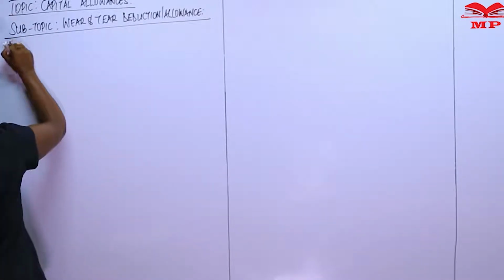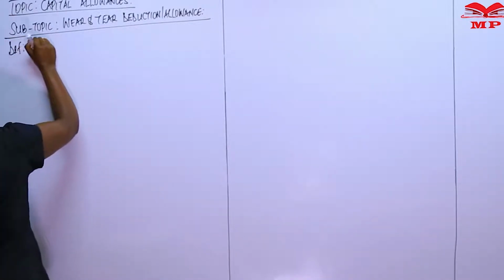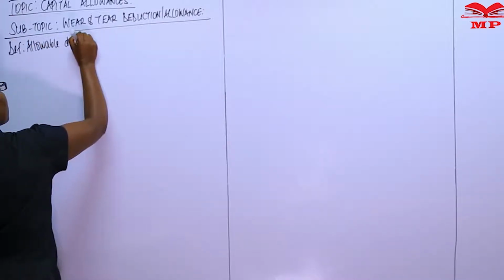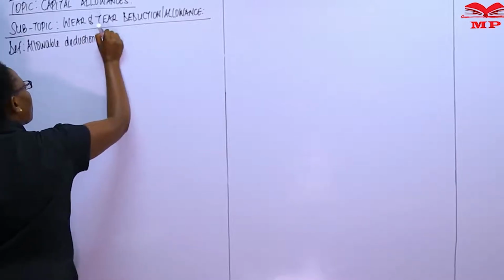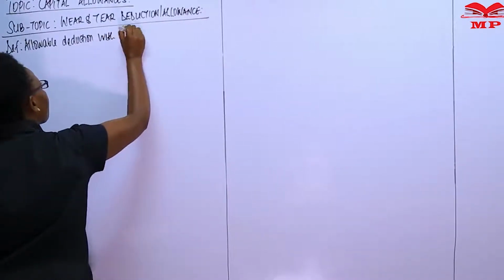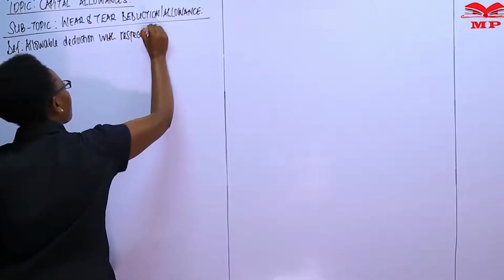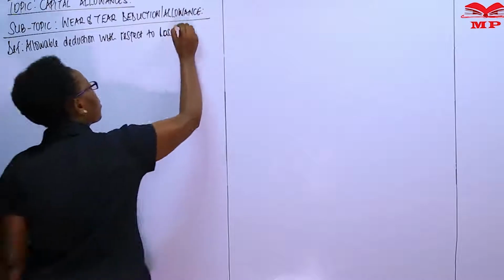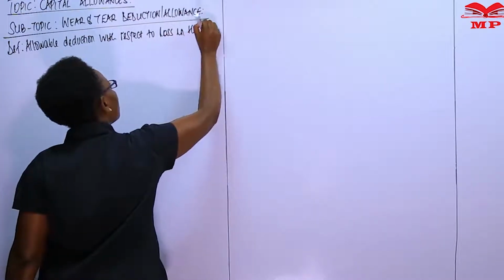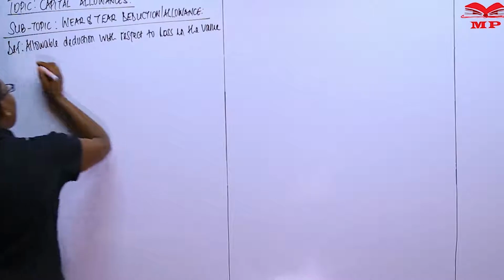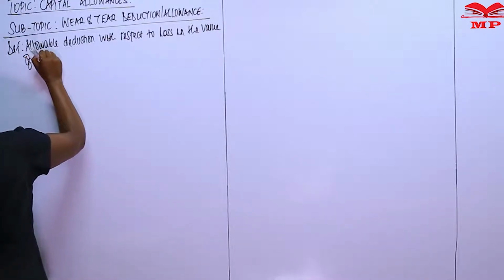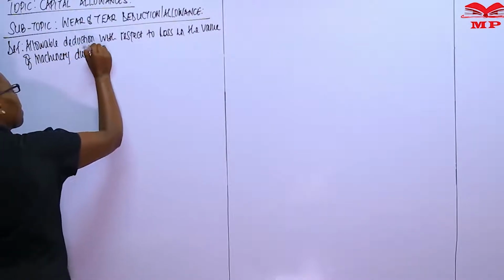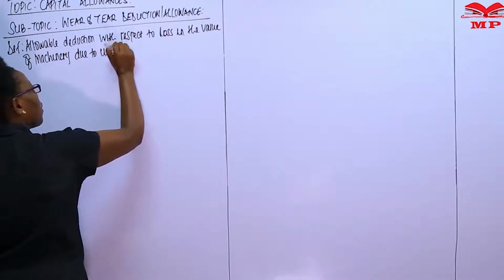So, allowable deduction with respect to loss due to usage, loss in the value of machinery due to usage in the business.